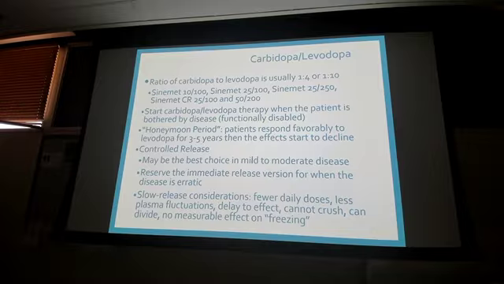So your control release, anytime you think about control release, think of it as like, hey, I can let them not have to take this medication for a very, very long period of time, but I can also have this slowly released throughout their body over the entire day, and hopefully it will prevent them from having the freezing occur.